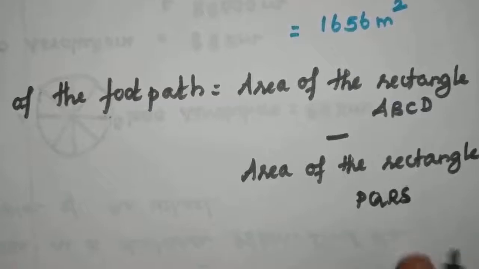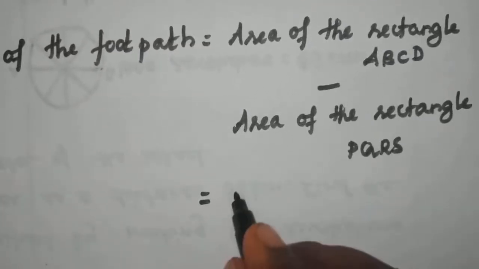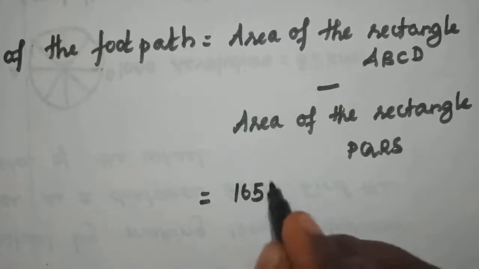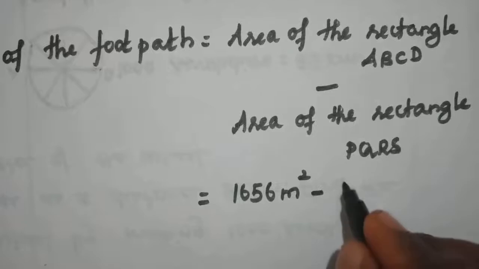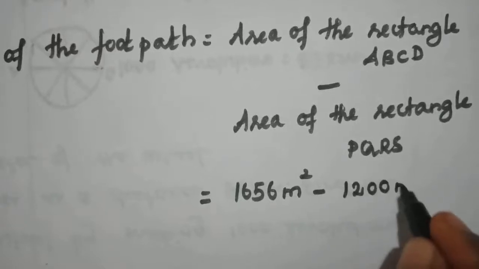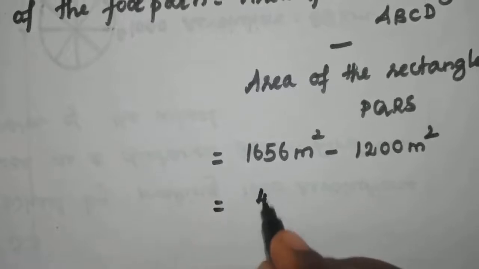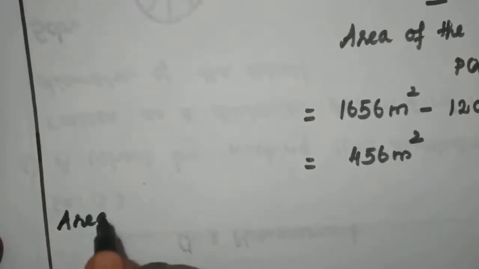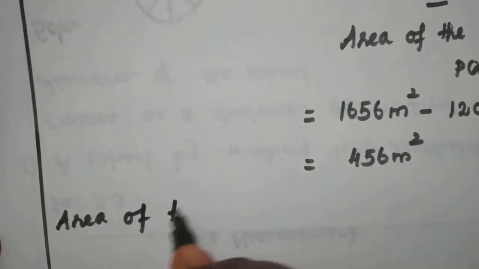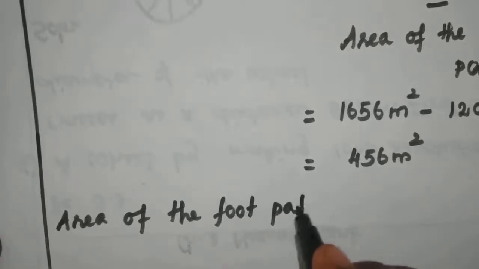Now you can substitute the value. The area of the rectangle ABCD is 1656 meter square minus the area of the rectangle PQRS, 1200 meter square. So what will be the answer? Yes, that is 456 meter square. So the area of the footpath is 456 meter square. Is it clear, children? Yes.